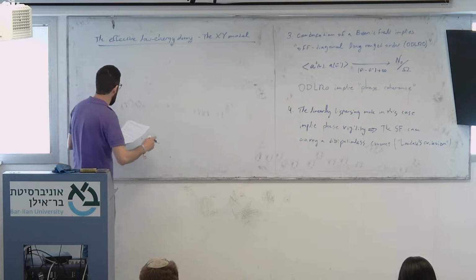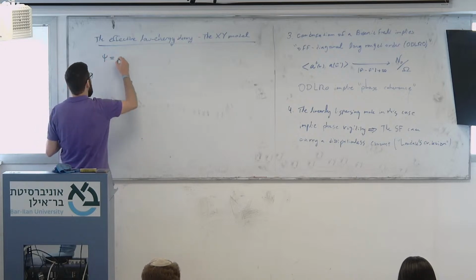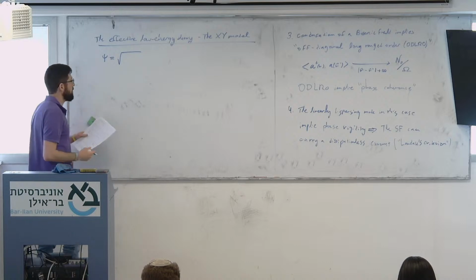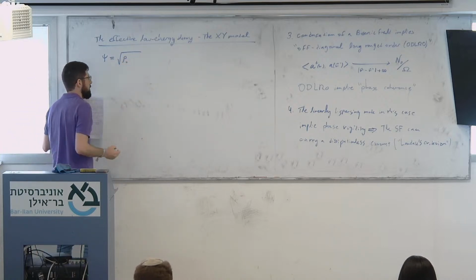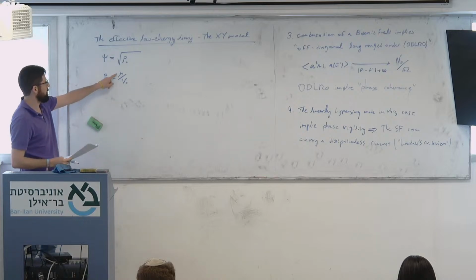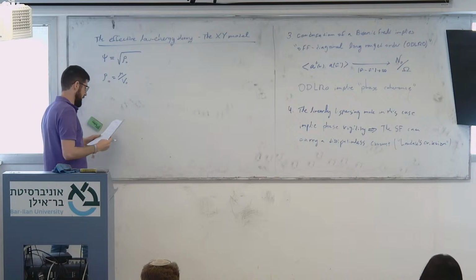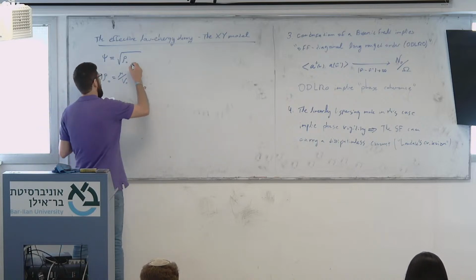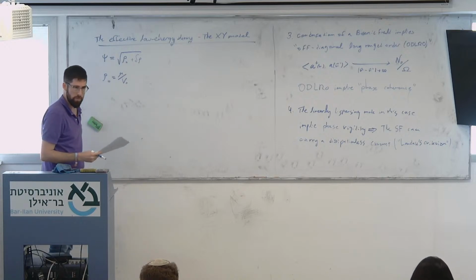So what we're going to do is we're going to write our field. We're going to expand it around the ordered state. So we're going to give it this rho naught. I remind you that rho naught is mu over v naught. Okay? I'm assuming that mu is positive, and therefore rho naught is finite. And then I'm going to give it some small fluctuation, delta rho.